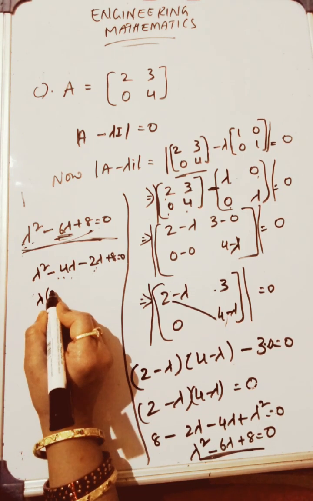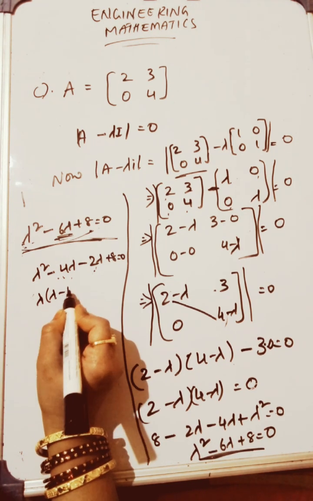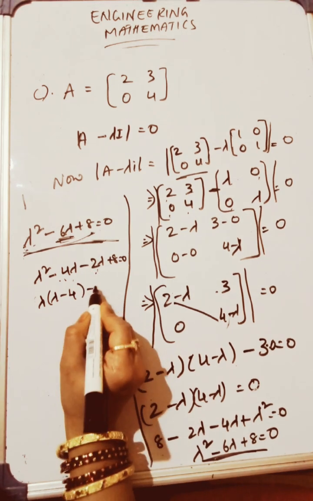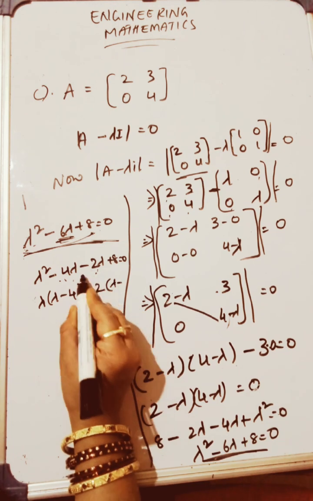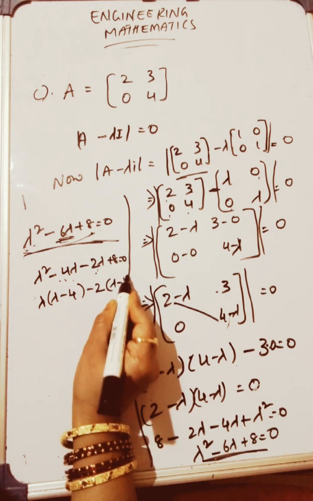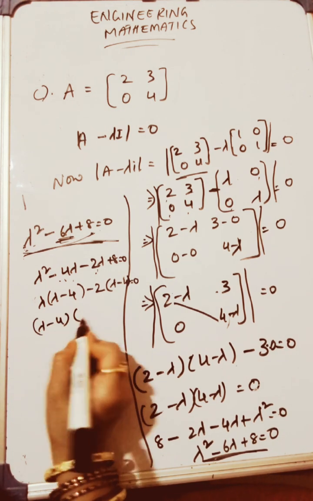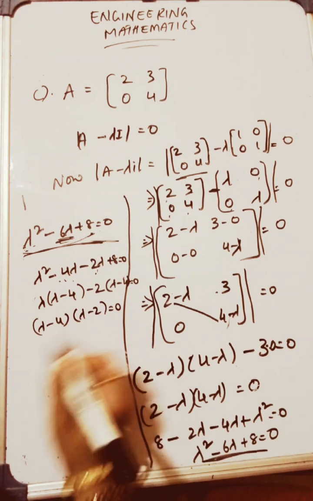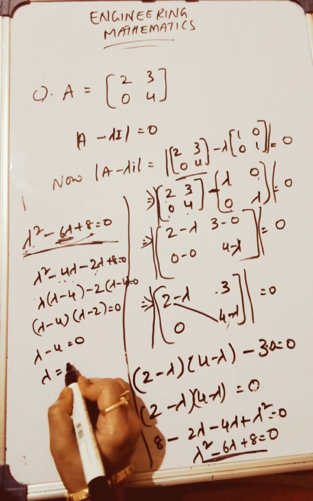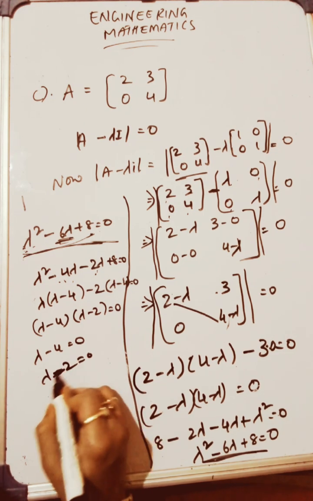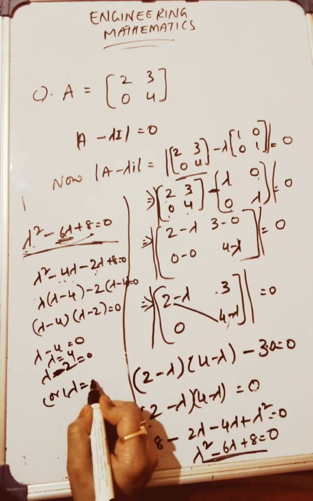Here I take lambda common: lambda minus 4, minus 2 common: lambda minus 4, is equal to 0. Then lambda minus 4 into lambda minus 2 is equal to 0. Lambda minus 4 is equal to 0 and lambda minus 2 is equal to 0. Lambda is equal to 4 or lambda is equal to 2.